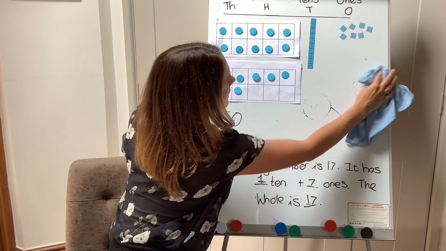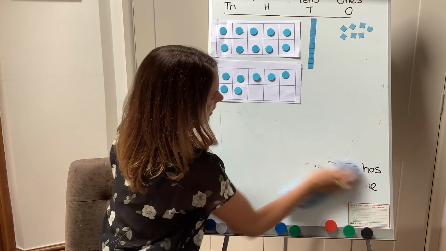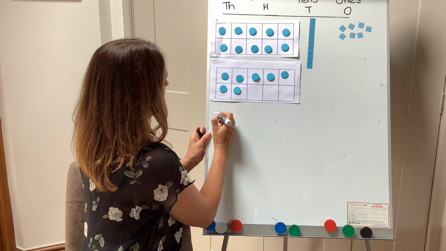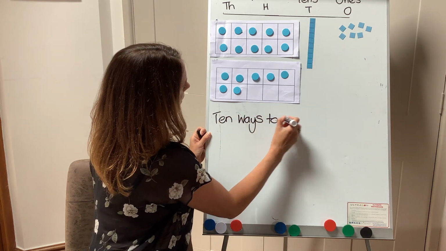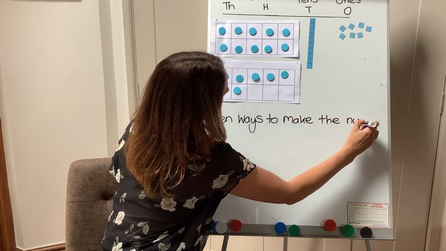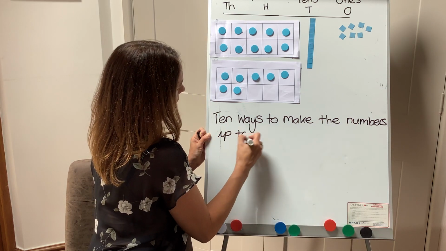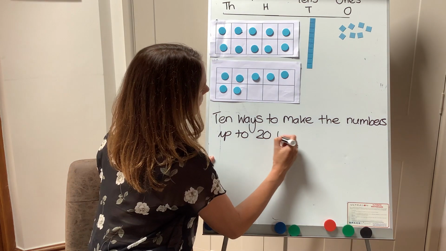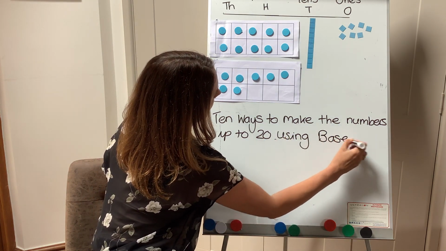Okay, something I want you to have a go at now. How many ways, or can you think of 10 ways to make the numbers up to 20, using base 10?